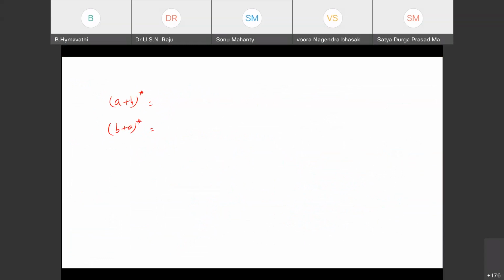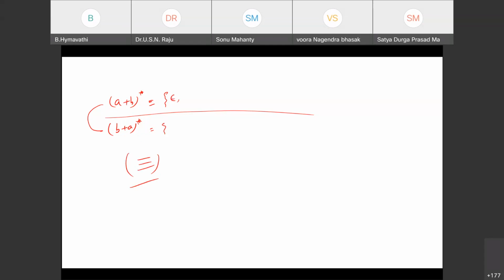Are they same or not? Same, sir. Why are they same? Because first you need to see the language. Even though it looks like two different regular expressions, these two are exactly the same, because the language generated by both of them is exactly the same.